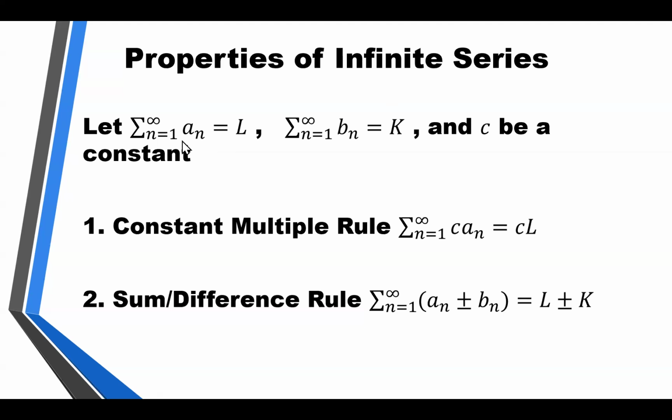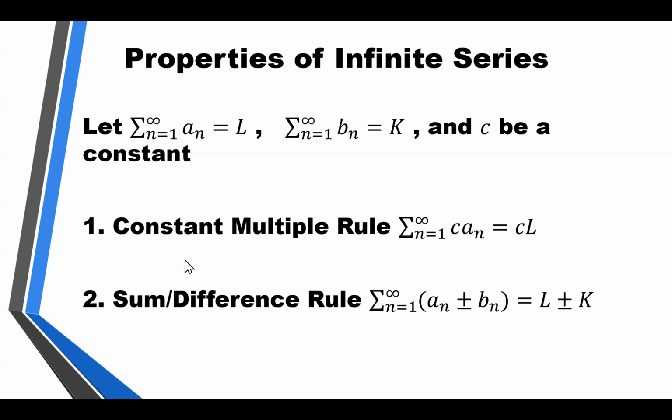If I have a series that converges to L, then if I take each individual term and multiply it by a constant C, then that new infinite series will converge to C times L, where C is again just some real number. So that's the constant multiple rule. That's pretty obvious, that we can just sort of factor out a constant from a summation.